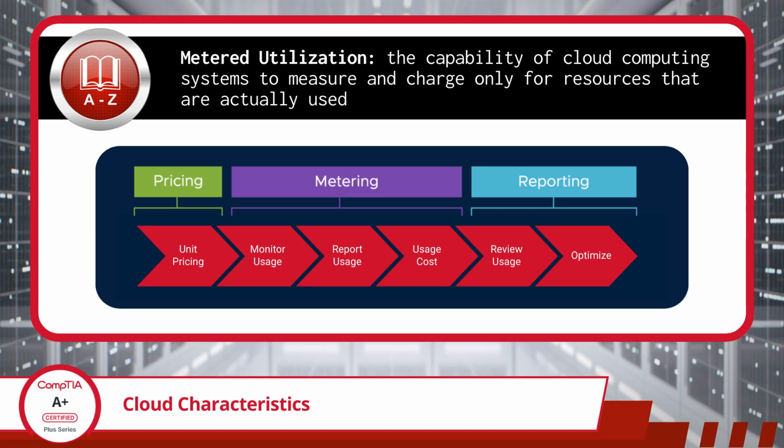By monitoring these metrics, providers can accurately bill customers based on their actual resource consumption. This metered approach allows organizations to scale their infrastructure up or down as needed while maintaining control over costs. As a result, companies can optimize resource allocation and budgeting based on real usage rather than estimated capacity.